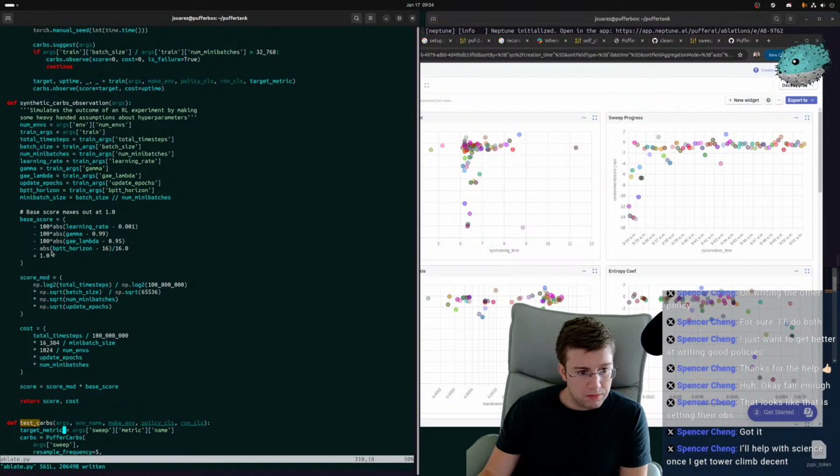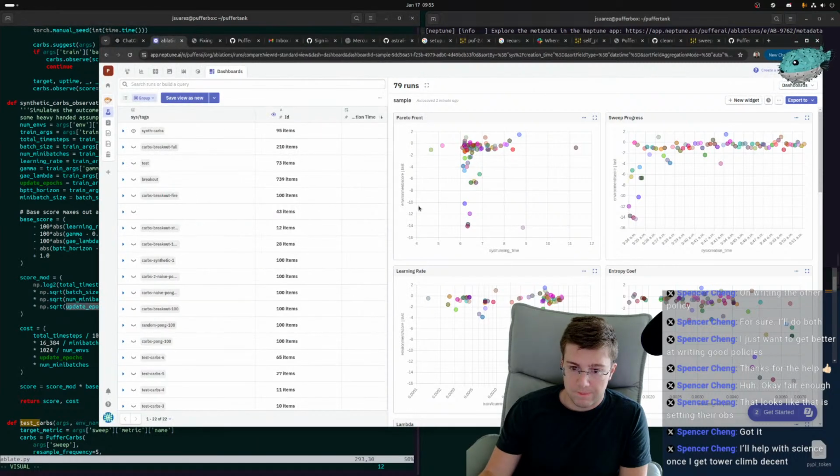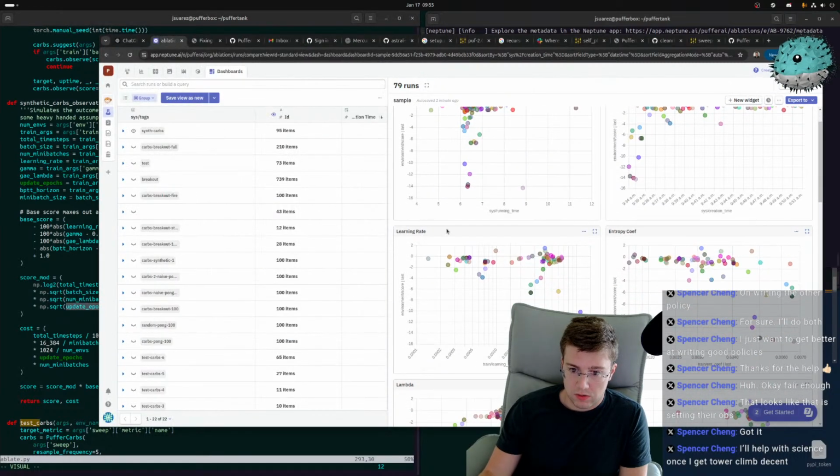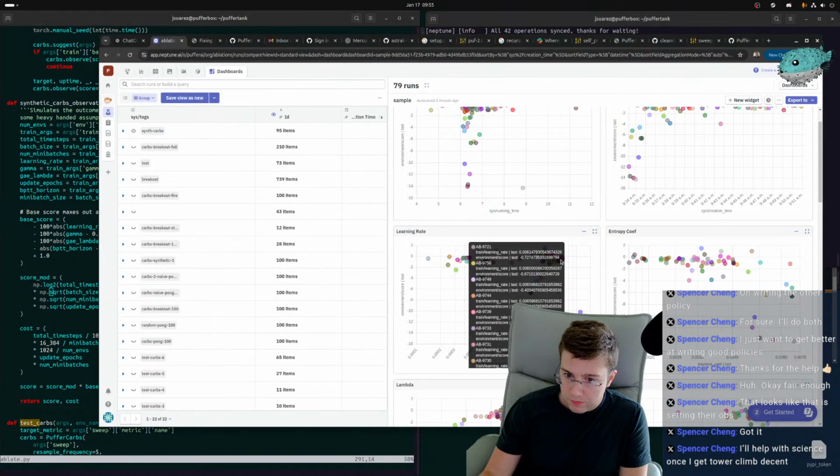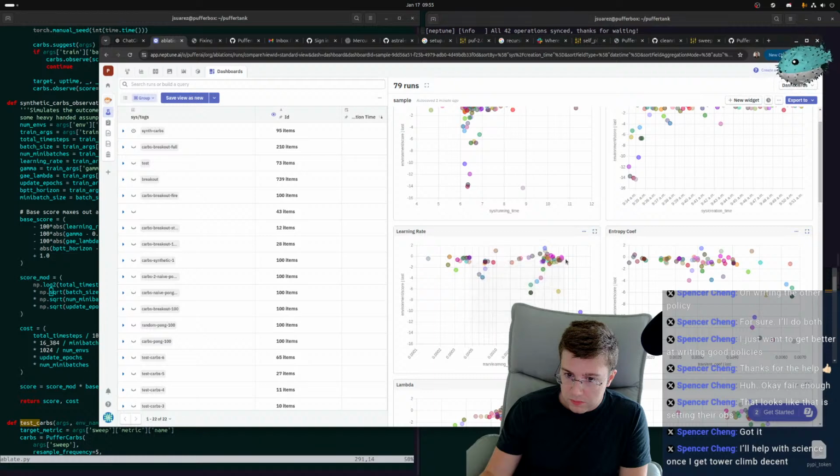You should be able to get, so if you set batch size to here, you should be able to get over 1 quite easily, right? Let me see. So learning rate is now, it should be at 0.001. So over here.